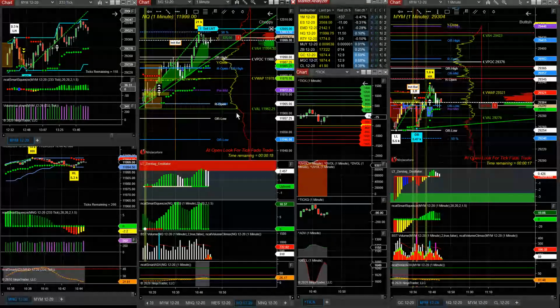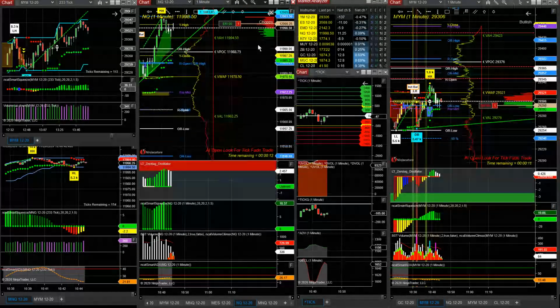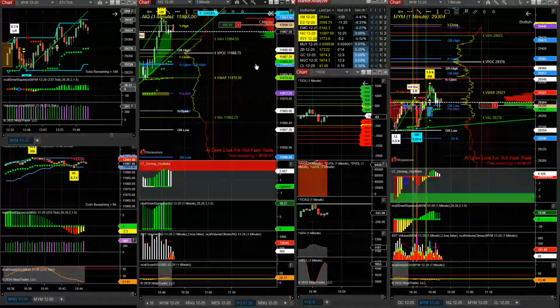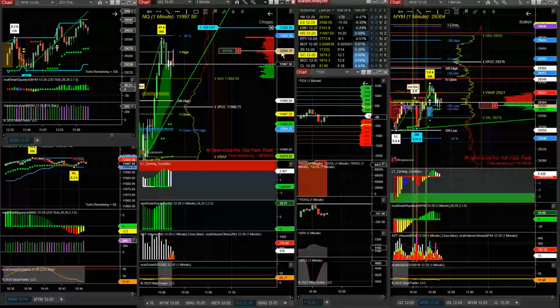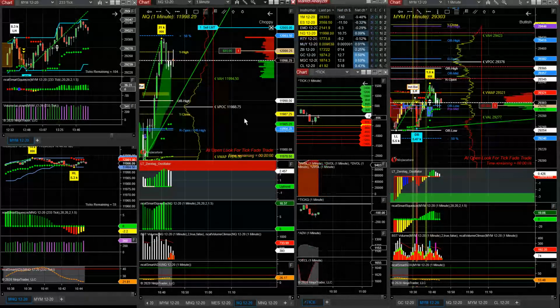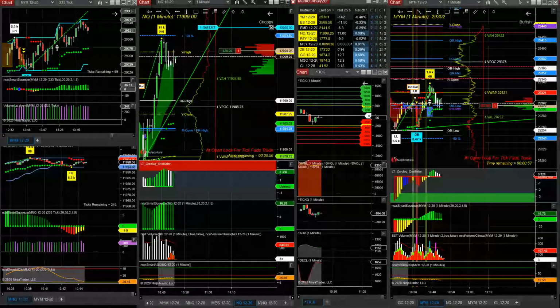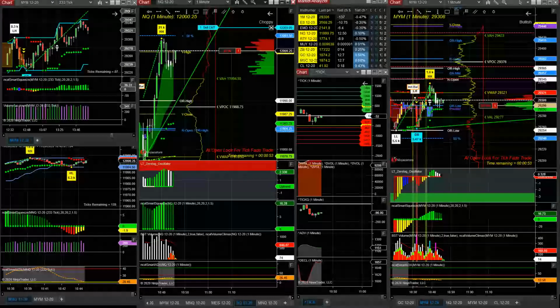Okay, he hit that level. 12,000. 12,000 level. Hit that 12,000 level. It's a counter trend trade, so I'm going to take whatever I get from this entry here. See, it's all over the place.